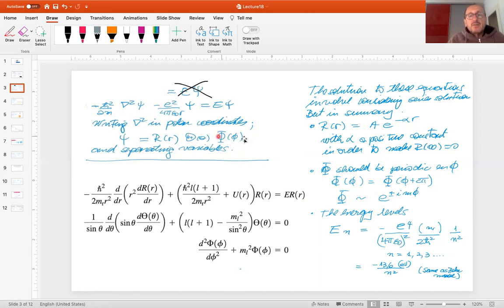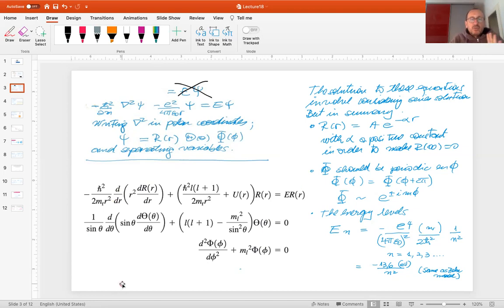Okay, big letters. The idea of doing that is that it's a natural way to separate the equation. The natural way to separate the equation is this one here: something that's only a function of r, only a function of theta, and only a function of phi. And you replace the proper operator nabla square in here, and argue, what do we do next? Well, these are the equations that you get.